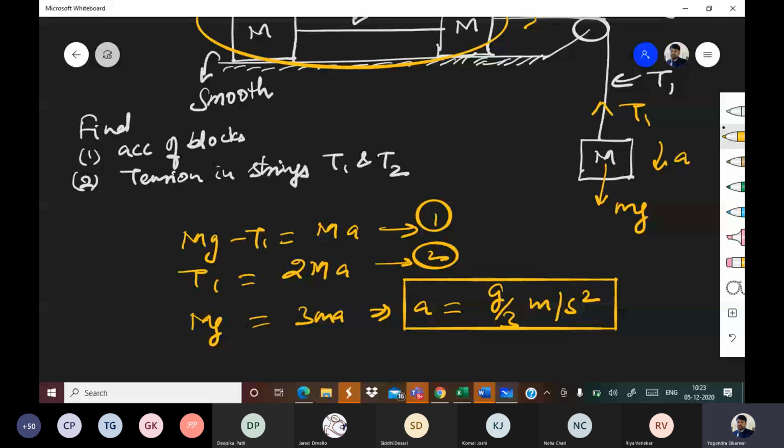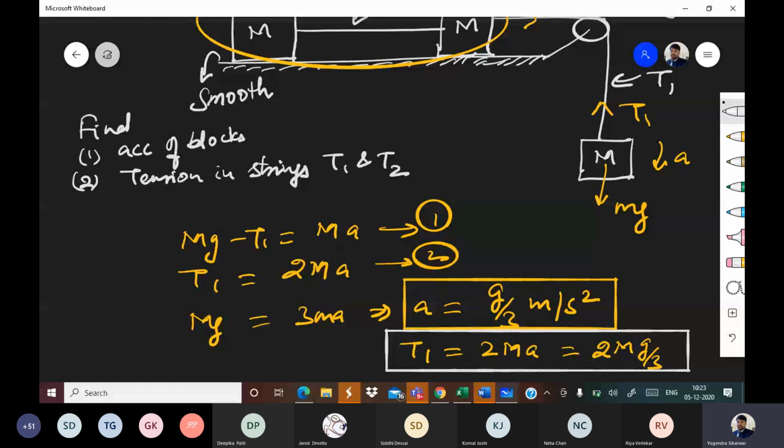Okay. Now let us talk about tensions. So T1 is equal to 2ma, which is 2m into g by 3. Okay, so that is T1.